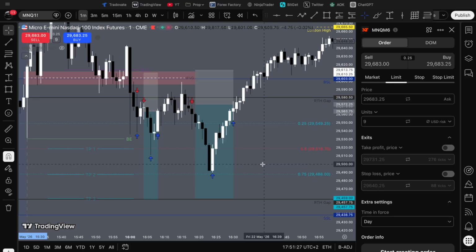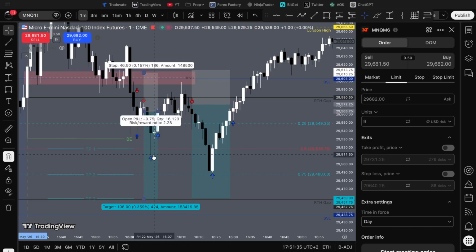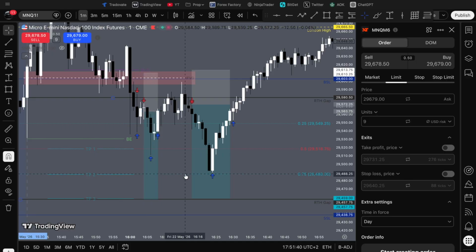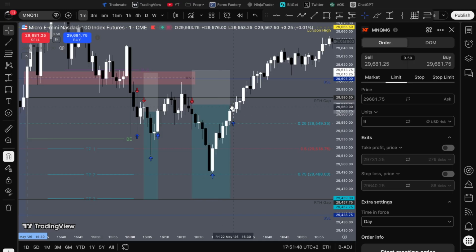Yes, with 2 micros. And in this trade I moved my stop loss to break even when we got here, and closed 1 micro here. Yeah, by the tick, closed 1 micro here, and my second micro was here, but it got stopped out at break even.